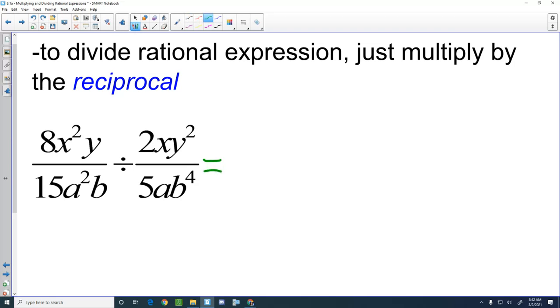But the very first thing I'm going to do is make it into a multiplication problem, because that's what we've already learned today. That means it's not really a new concept. Now, the first rational expression will stay the same. So this is still 8x squared y over 15a squared b. But instead of division, I'm changing it to multiplication.